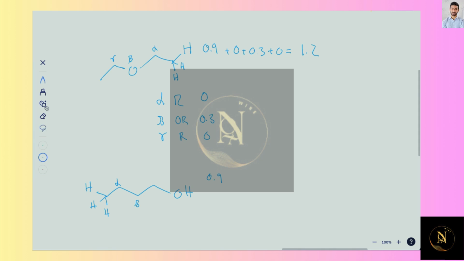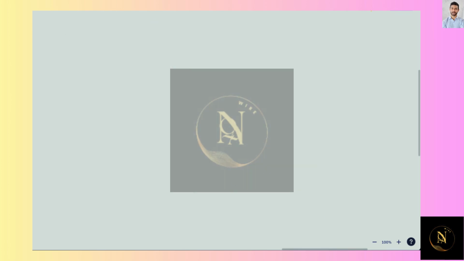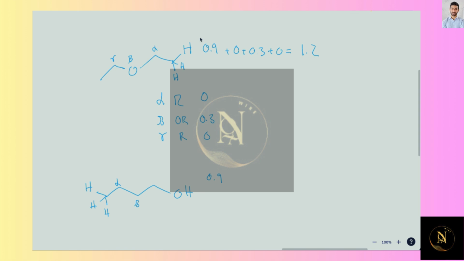Oh, wait, sorry. Yeah, this is correct. Alpha position is R, beta position is R, and gamma position is R. And it turns out that the effect of an alpha position being an R is 0, beta being R is 0, and gamma being R is 0.